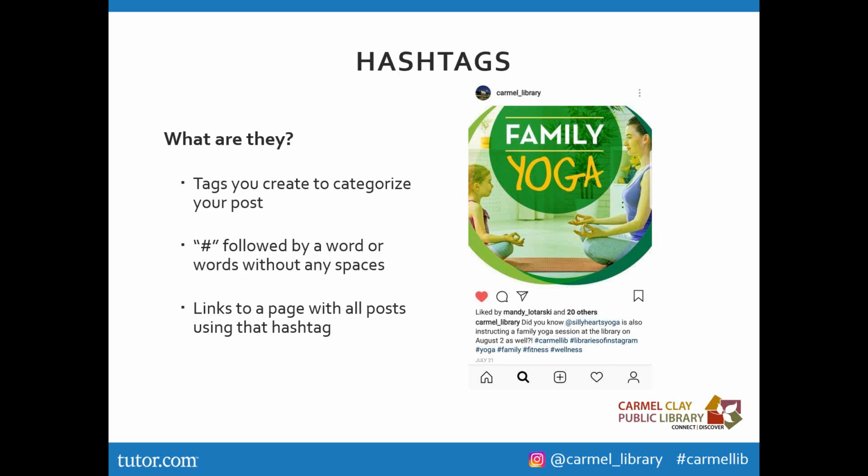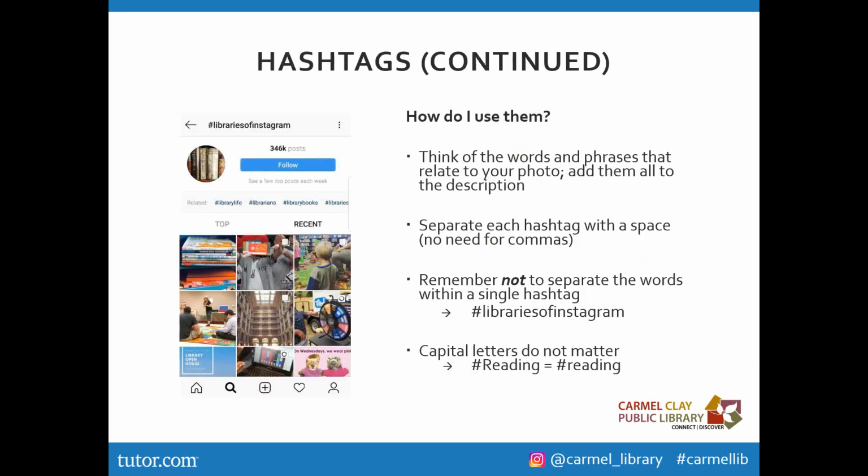In this picture, you can see them down at the bottom. It's the hashtag mark, or the pound symbol, followed by a word or words without any spaces between them. In that picture, you can see hashtag Carmel Live, hashtag Libraries of Instagram, hashtag yoga, hashtag family. I have a picture coming up, so I'll show you. This is what it looks like. This image here is an example.